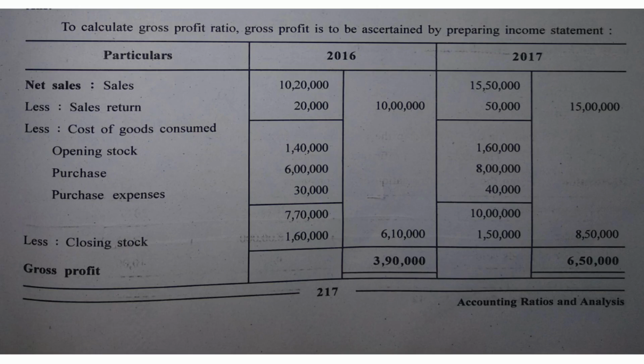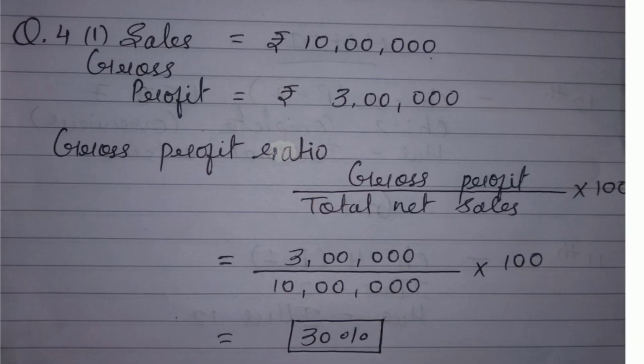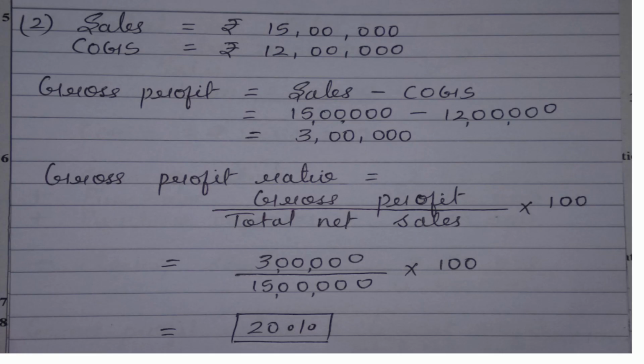So again, the second sum in your exercise is similar to this. In the given question, you are provided with sales and COGS. You obtain gross profit, then gross profit ratio.